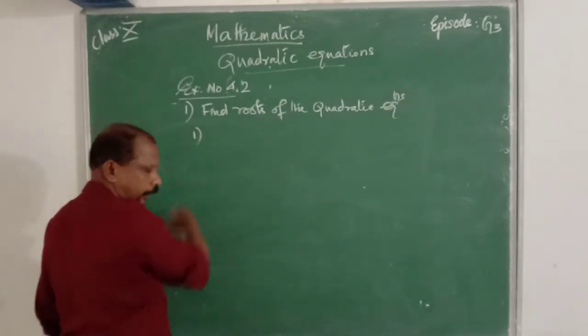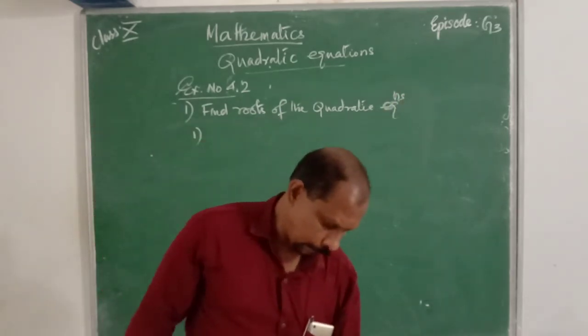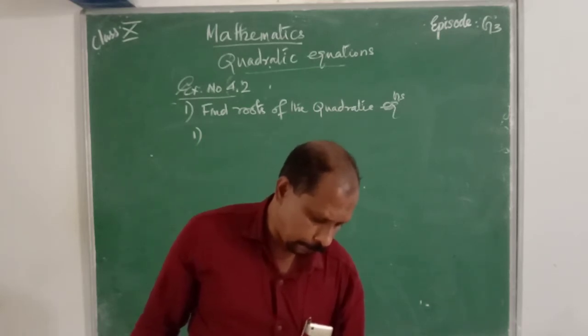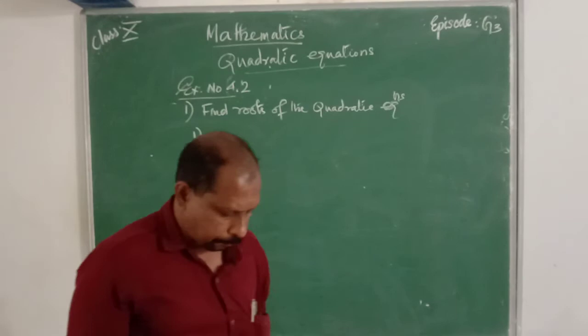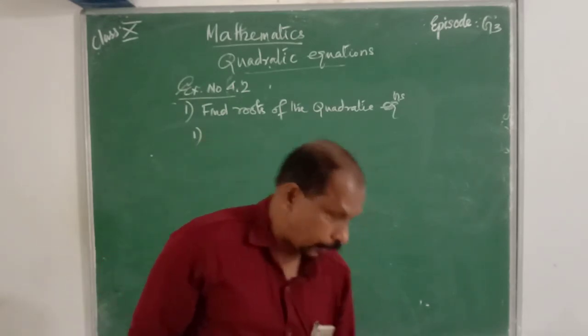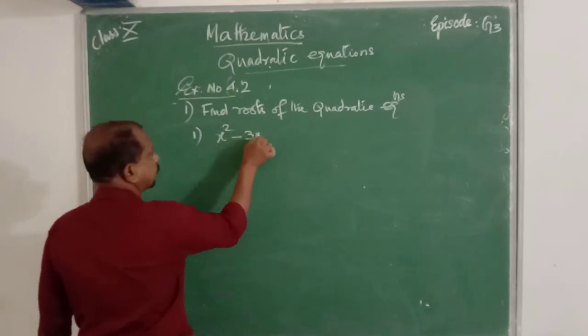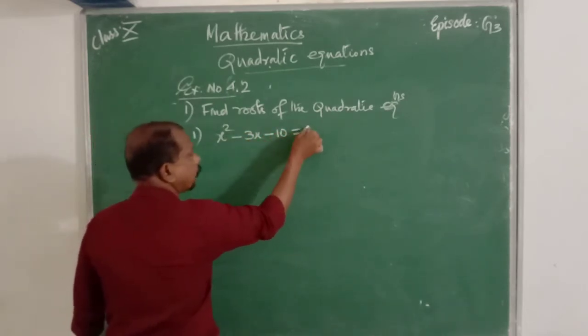Then the first one is x square minus 3x minus 10 is equal to 0.